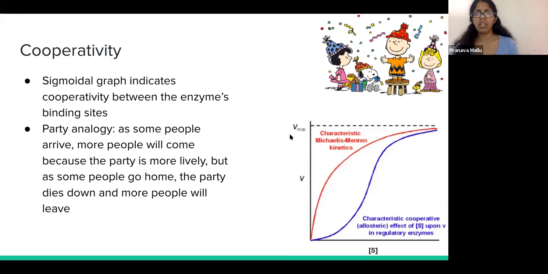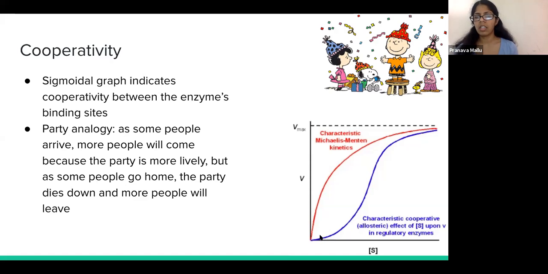So that second subunit has either less or more affinity for the substrate. In the case of positive cooperativity, which is what this slide is referring to, the first subunit binding to the substrate makes the following subunits more likely to bind.